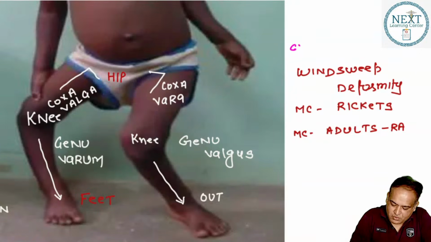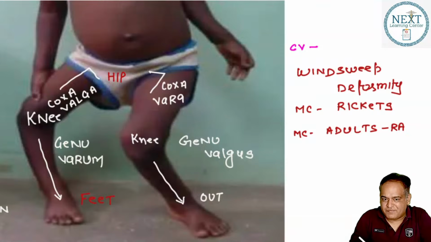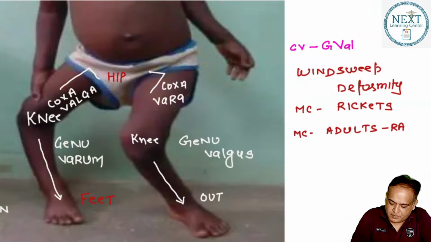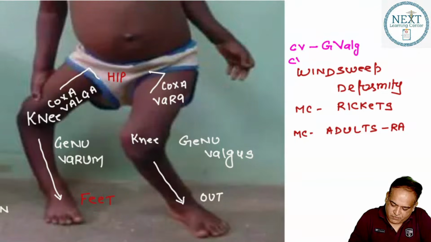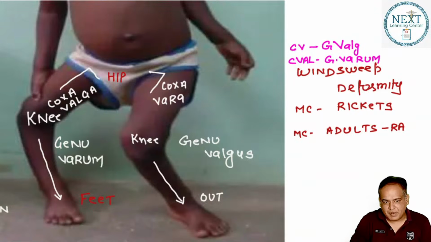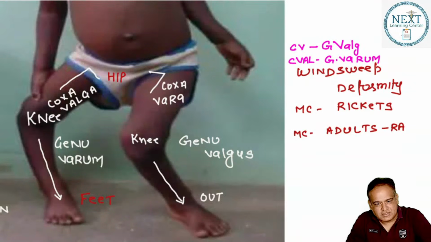For example, coxa vara is often present with genu valgum, and coxa valga is often present with genu varum. मतलब आपके मरीज में अगर कॉक्सा वैल्गा है तो जीनू वेरम जरूर होगा साथ में. अगर आपके मरीज में कॉक्सा वेरा है तो जीनू वैल्गम जरूर होगा साथ में. राइट जी.